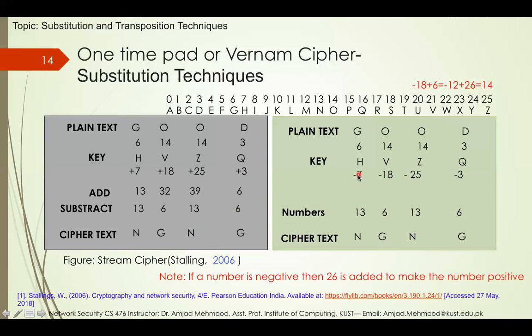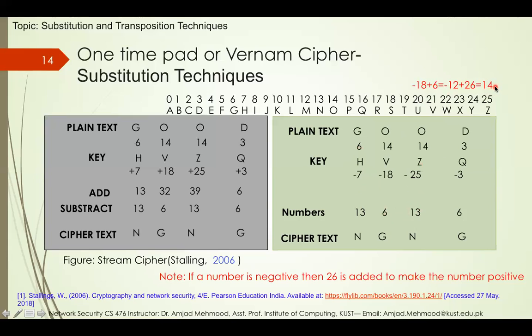So for example, 13 minus 7 is 6. Now you have minus 18 plus 6, which means minus 12. In this case, if you have a negative number, then you add 26 and you will get 14.